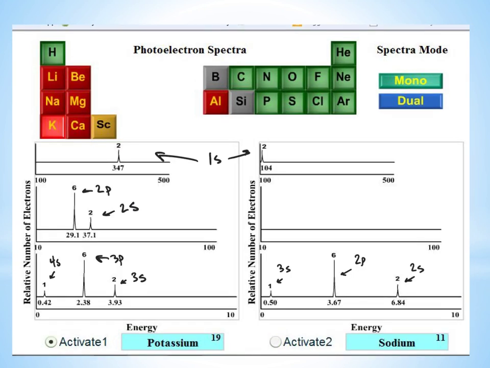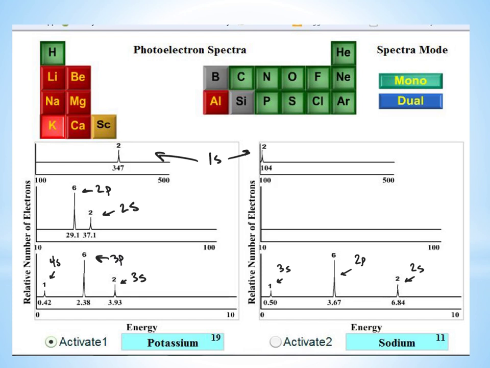Here's a look at potassium and sodium. First of all, take a look at the magnitude of the energy for these 1s electrons. For sodium, it's only about 104 energy units, call it kilojoules, but this one is 347. Well, potassium's 1s orbital is contending with 19 protons pulling on these 2 electrons, and so that energy is very high compared to only 11 protons pulling on these 2 electrons.